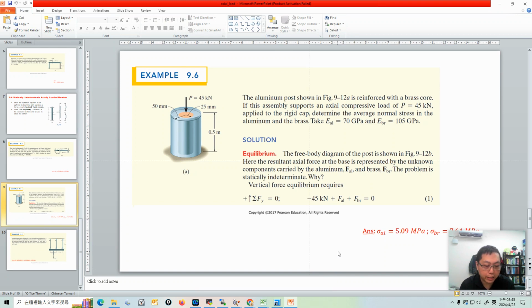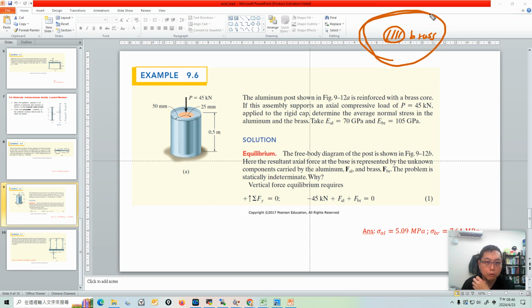Here the member is a coaxial bar. The core is brass, and the shell is aluminum. So it looks like this: there is a core, it's a coaxial bar, the core is brass, and the shell is aluminum.